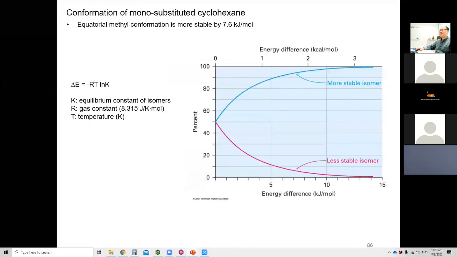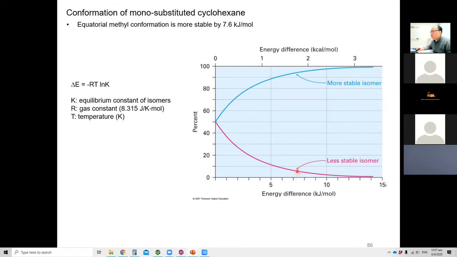There is an equation you probably already learned that links the relationship between the equilibrium constant and the energy difference. This is a graph based on the equation. So you have 7.6, all right, 7.6 kilojoule per mole difference.